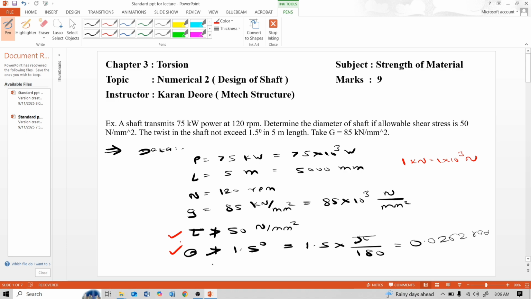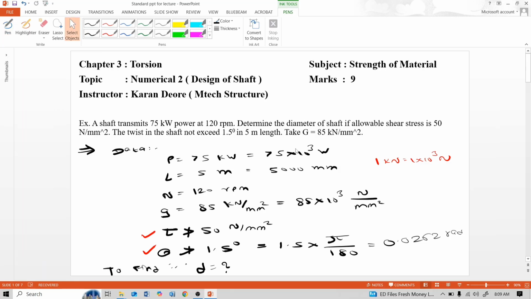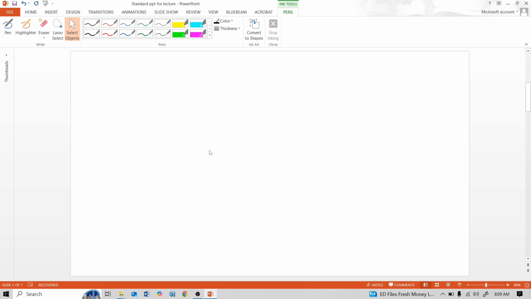First we will find torque using the power formula, because here we don't know the torque. The problem statement is to find diameter for that shaft as small d. The power formula is P is equal to 2 pi N T upon 60.